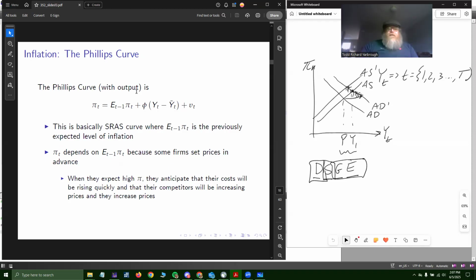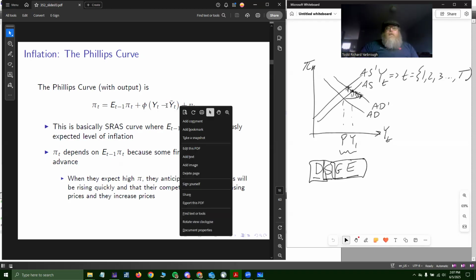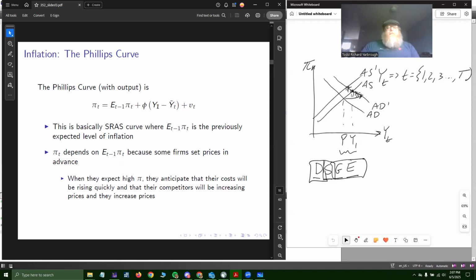And so typically in the Phillips curve right here, we model an unemployment gap, but instead we're going to model an output gap. But it makes sense here because the output gap is related directly to an unemployment gap. Basically, if you're below potential output, you're going to have an increased unemployment gap. And if you're above potential output, you're going to have a decreased unemployment gap.